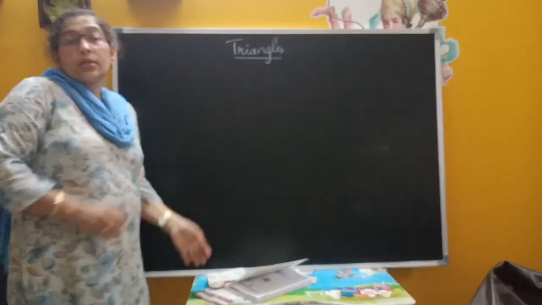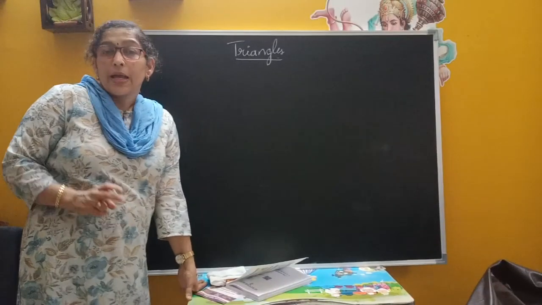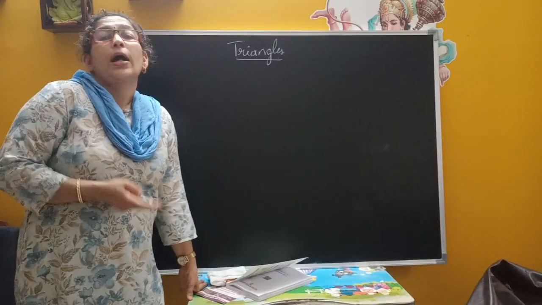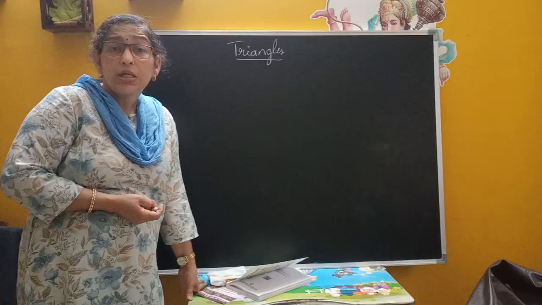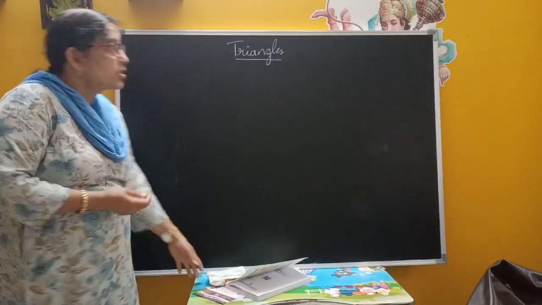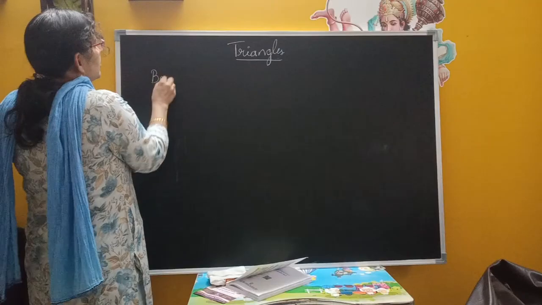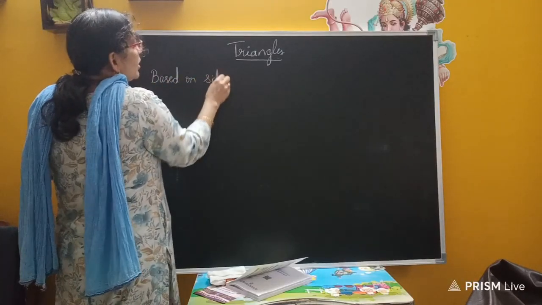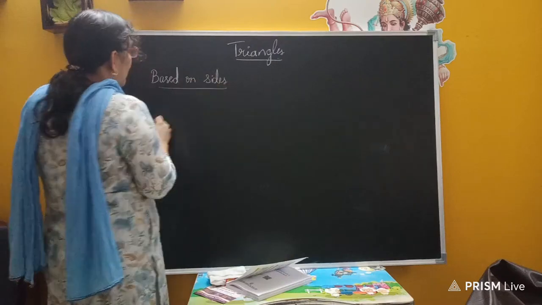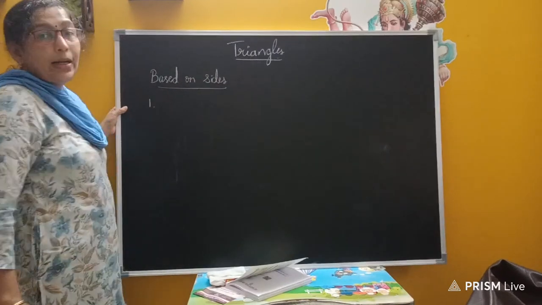There are types of triangles based on the angles and based on the measures of their sides. First, based on the sides, how can we classify the triangles? Based on sides, we can classify the triangles as, first one, equilateral triangle.